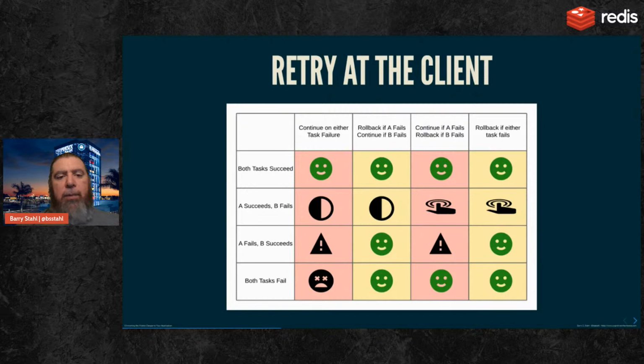That's the second column here. This is the first of the yellow columns. The other yellow column is that we're going to roll back if either task fails. And in that scenario, assuming we roll back and it's going to retry from the client, from the thing calling this, what we end up with is that if the first task succeeds but the second one fails and we roll back, we're going to end up retrying.